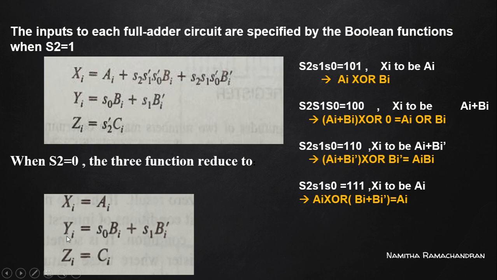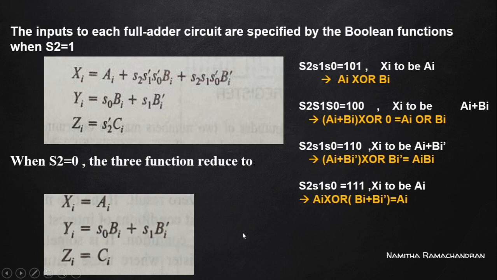The same applies here in this arithmetic part also. When S2 equal to 0, the Yi part is the same. Okay. In case of arithmetic operation, Xi input is always Ai itself. Okay. This Yi is actually what? This is S0 Bi plus S1 Bi complement. We have already derived this expression.